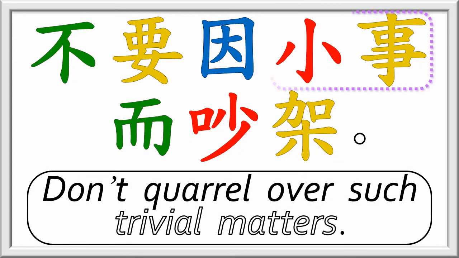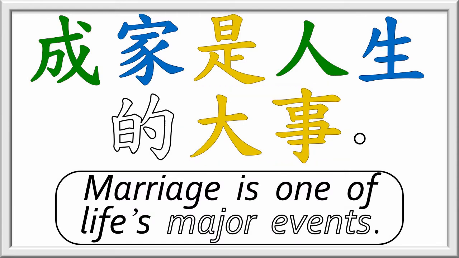The next phrase is 小事, meaning trivial, unimportant matters. 不要因小事而吵架. Don't argue over such trivial matters. The opposite of trivial matters, naturally, is important matters, or 大事. 成家是人生的大事. Marriage is one of life's major events.